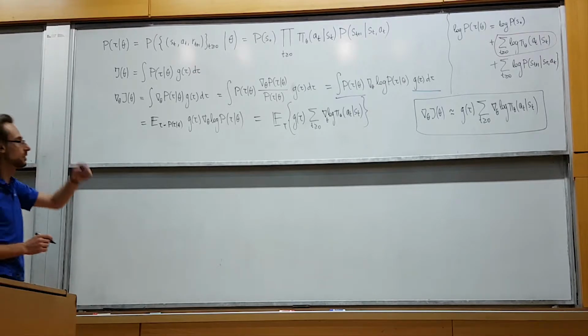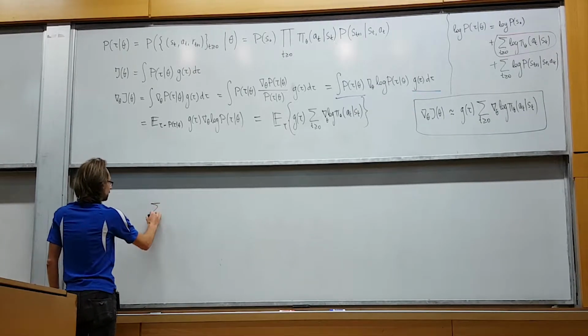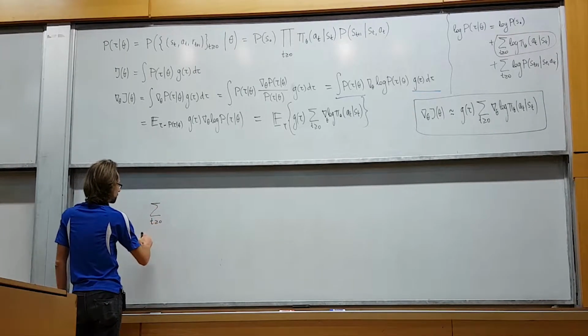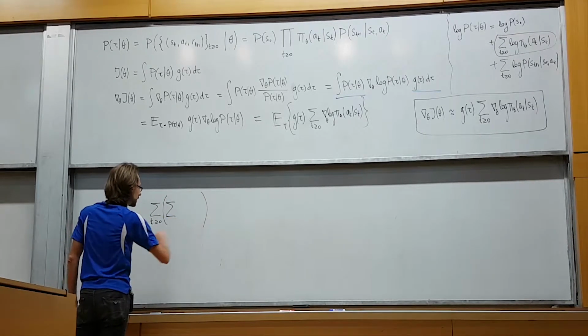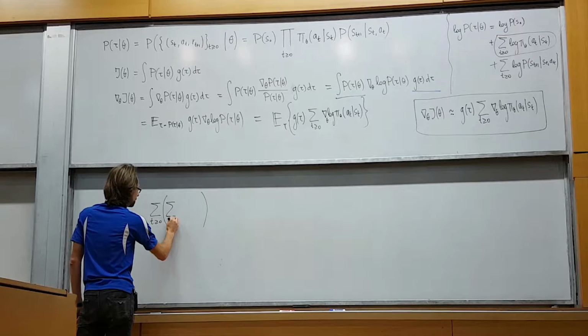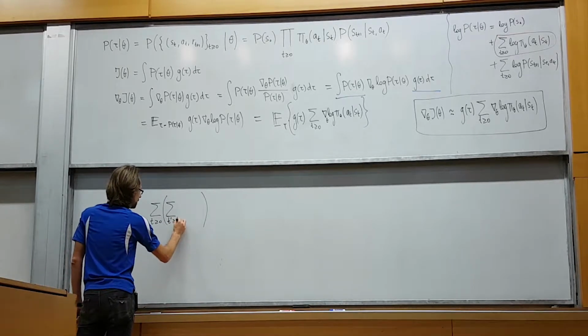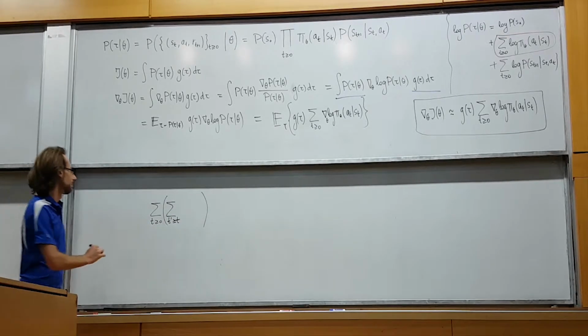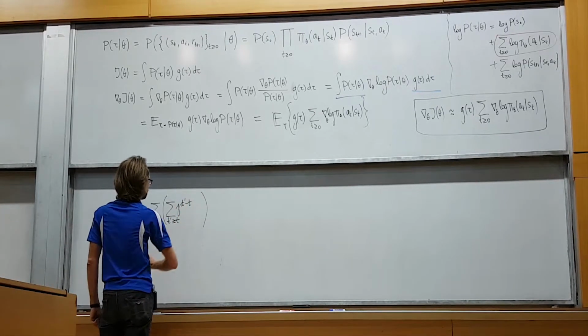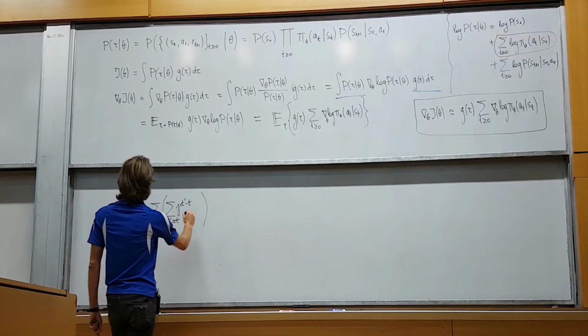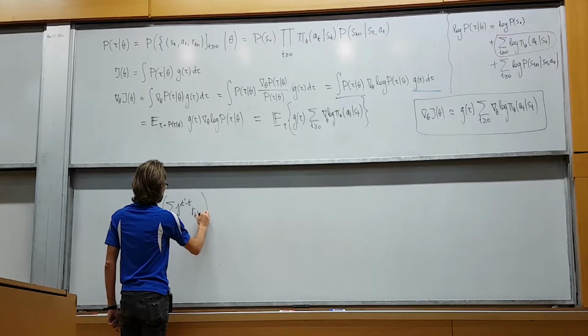So instead of writing it this way, let's write t going from 0 to infinity, another sum. Instead of g tau, I'm going to start t prime from t. My discount will be gamma to the power t prime minus t, with the reward at t prime plus 1.